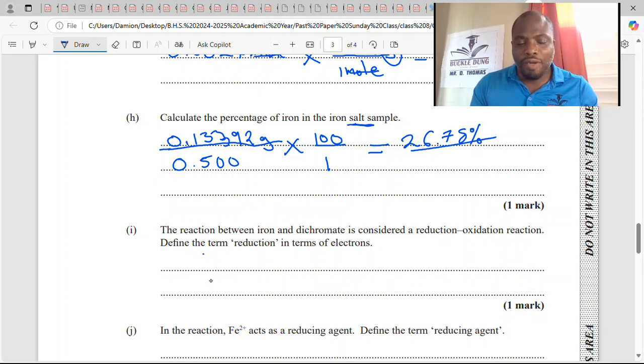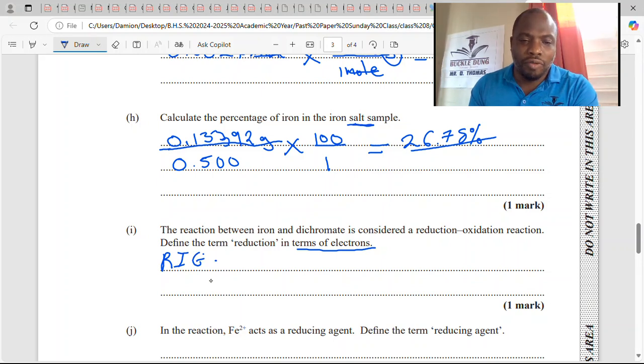Then they say the reaction between iron and dichromate is considered a reduction-oxidation reaction, a redox reaction. Define the term reduction in terms of electrons. And you smile, because this is soft. Remember RIG.